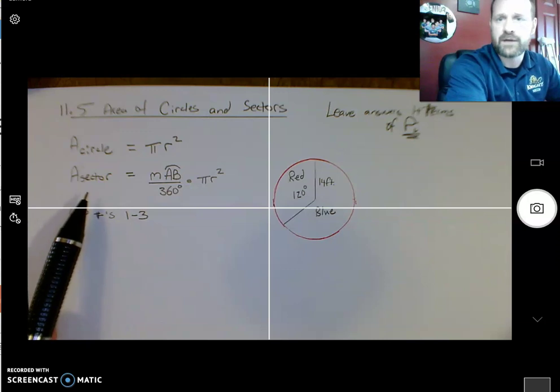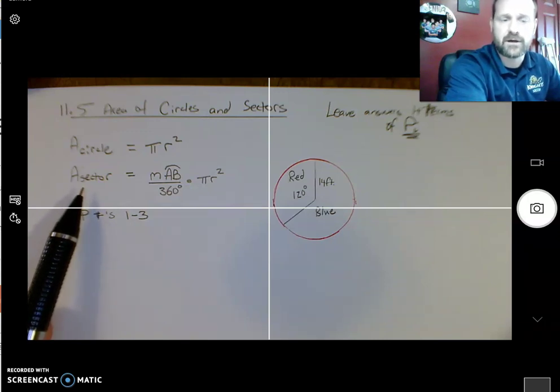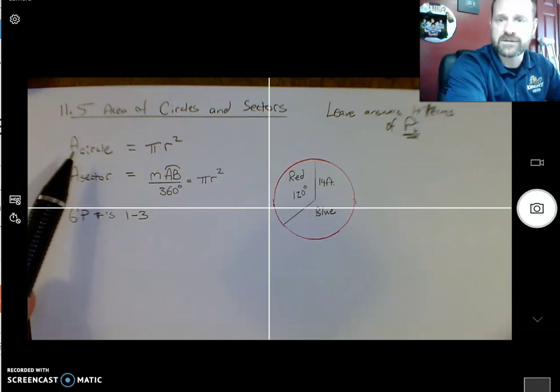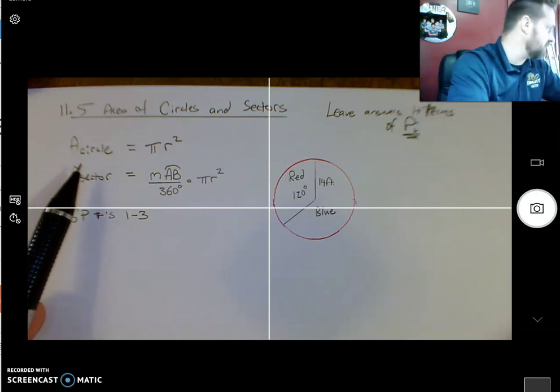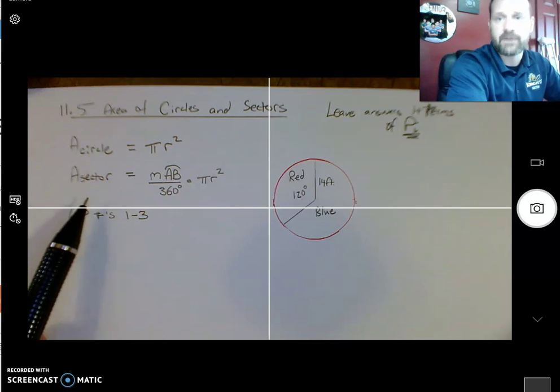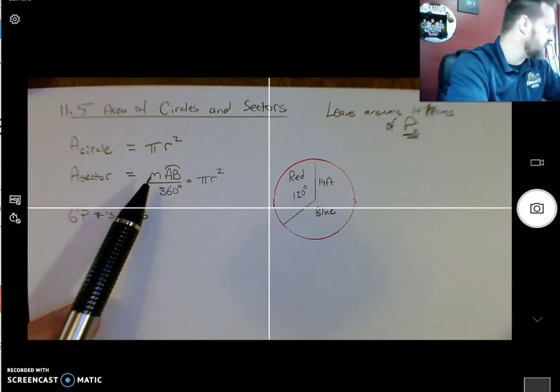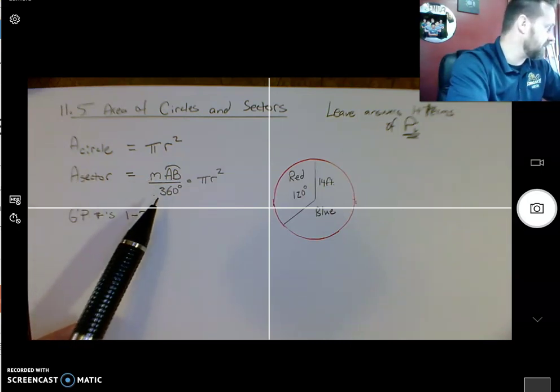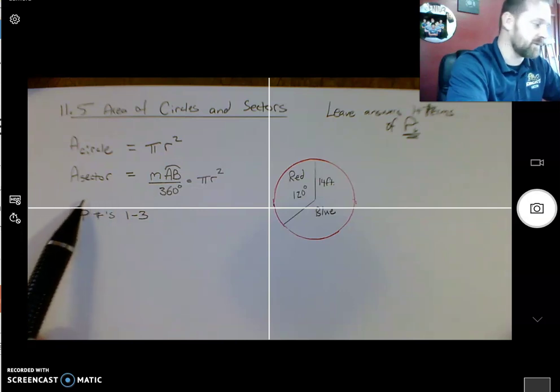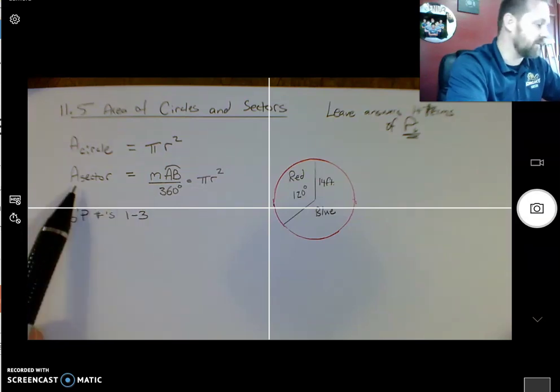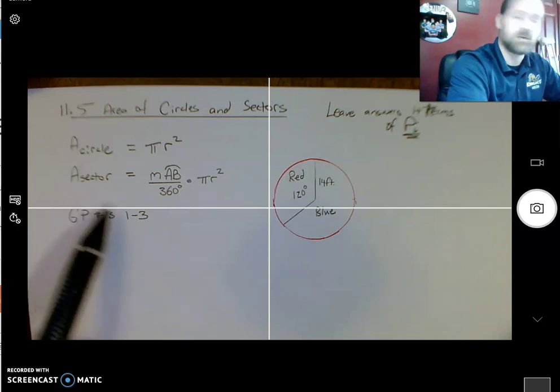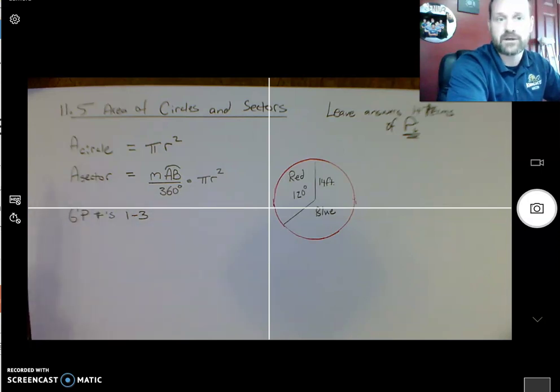In your book, you've got the proportionality for area of a sector. It's got measurement of area of sector divided by 360 equals measurement of AB divided by 360, or in the other one in terms of pi. If you solve for area of sector with cross multiplication, that's where the equation came from.